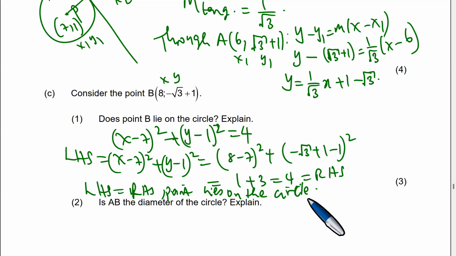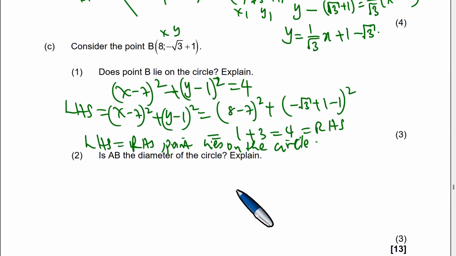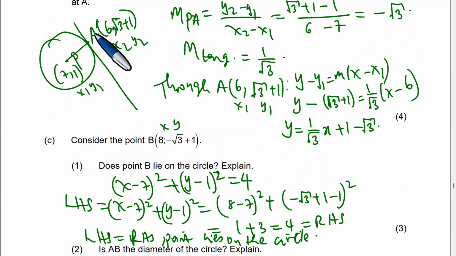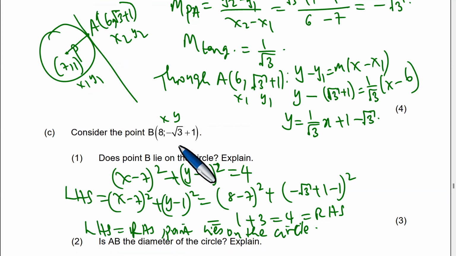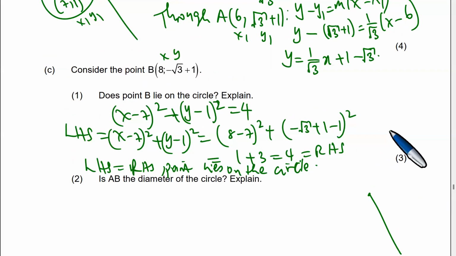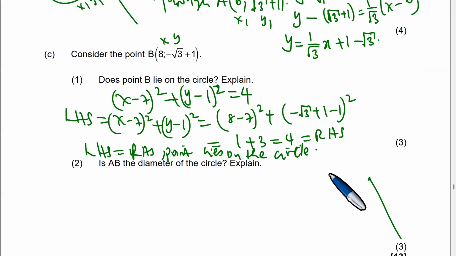Lies on the circle. Next, is AB a diameter of the circle? Because we've got A and then you have got B. Is it a diameter? So to find a diameter, you need to find the distance between the points A and B. So you know that the point A has the coordinate 6 and the square root of 3 plus 1.